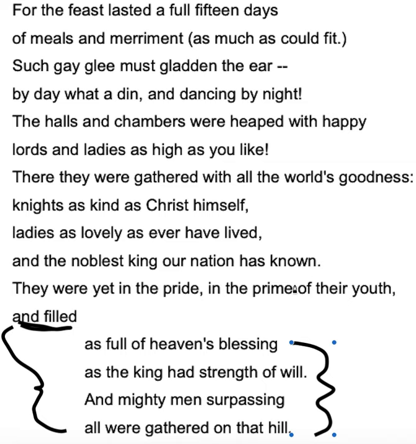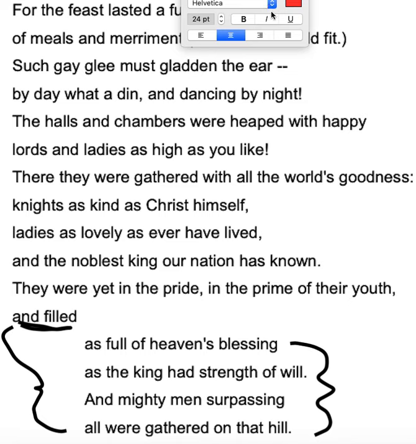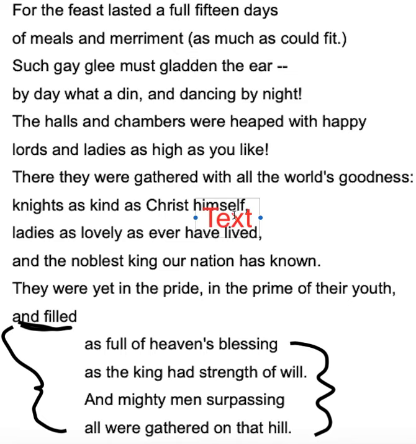And the specific rhyme scheme we see here is A, B, A, B, A. So you can see filled, will, and hill all have that A rhyme scheme. And then the B rhyme scheme is blessing and surpassing, which is really more of a half rhyme, but again, this is translated. So the translator has done the best they can to preserve that. So that is the poetic structure of the poem.